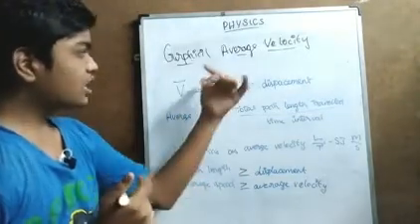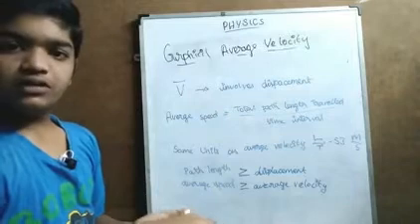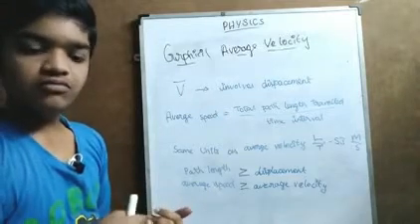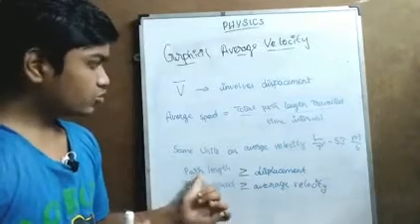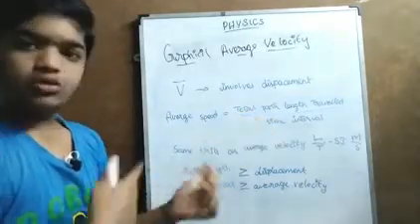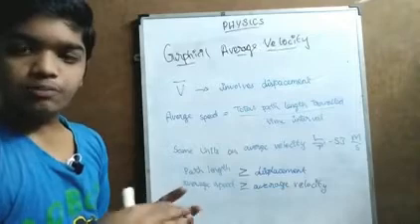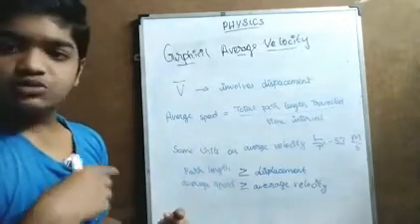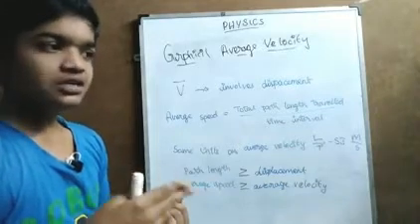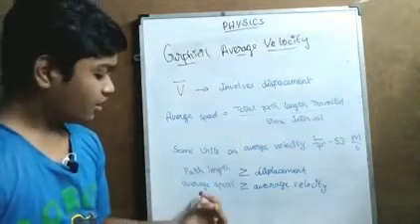When an object moves forward and comes backward, the total path length is 2 times x. In speed, it is the total path length, so it must be 2x.